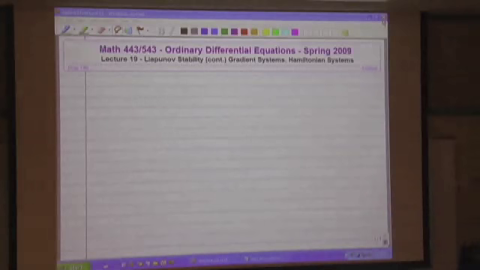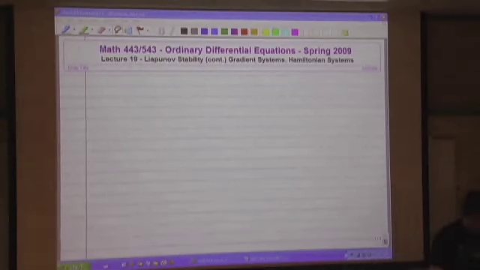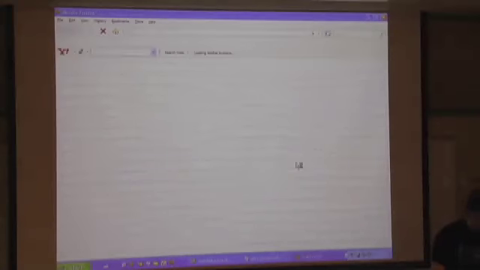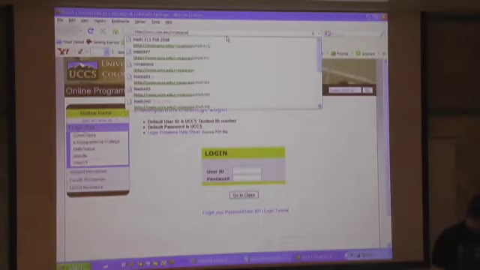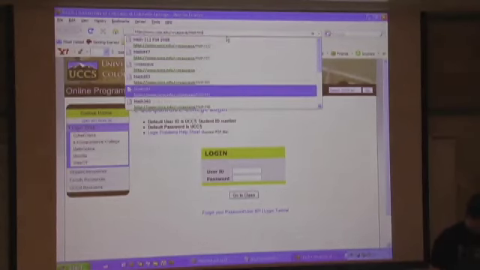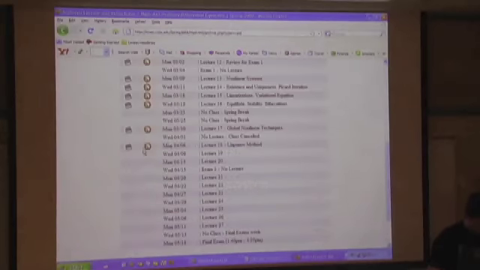Okay, so I want to finish this discussion of Lyapunov stability and then talk about gradient and Hamiltonian systems. I owe you something from last time, so let me just open that really quick.